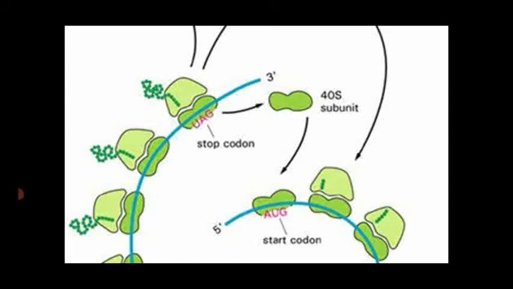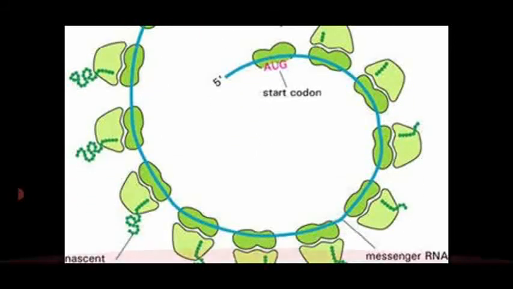Dear students, they have given the eukaryotic ribosome with 2 units. It is the 80S unit only. They are divided into the 40S subunit and the 60S subunit is the other division. This is the messenger RNA.